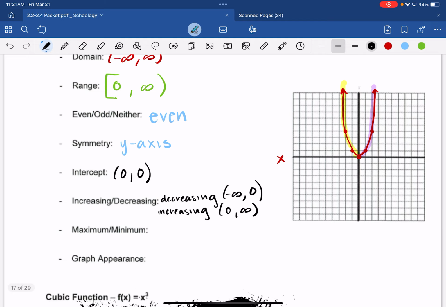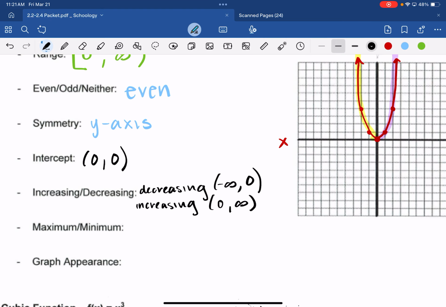All right, where is my maximum or minimum on this graph? Yeah, at the 0, right here. So my minimum, we would say minimum at 0, 0. So you're going to tell me if it's a max or min, and if it's at 0, 0.